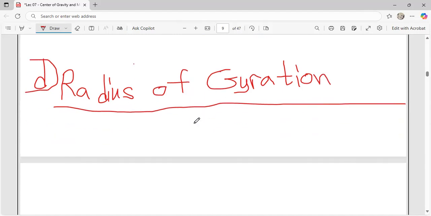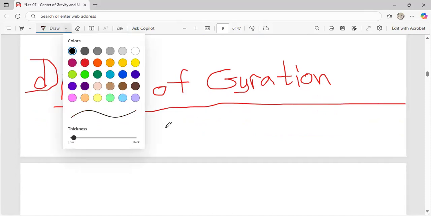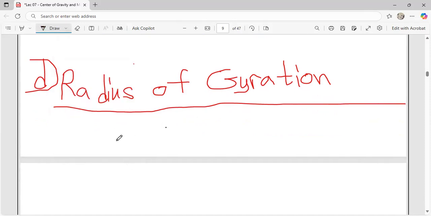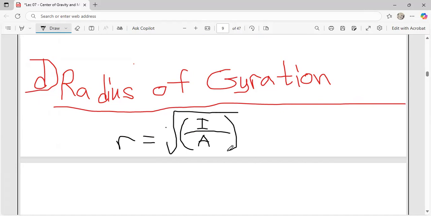So the radius of gyration, how do we go about it? The formula for the radius of gyration is given as R is equal to the root sign of I over A. This is the general formula.